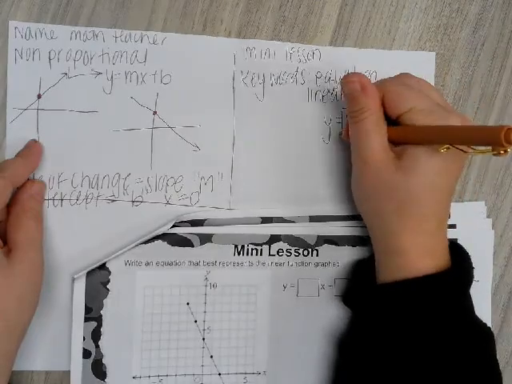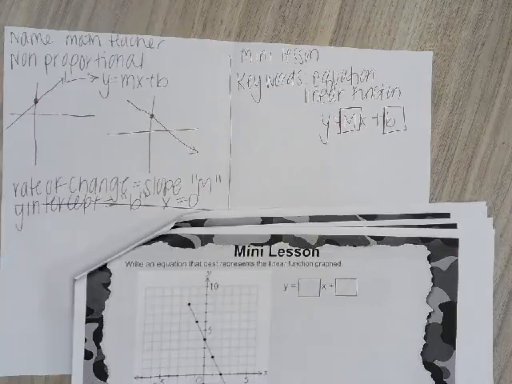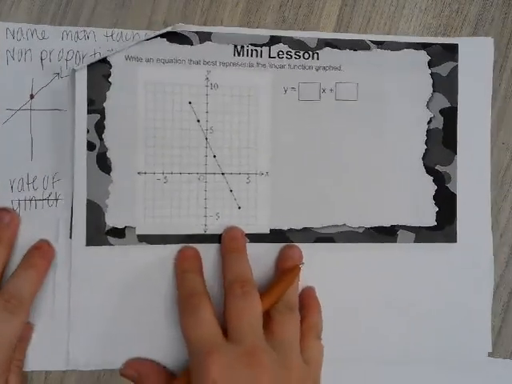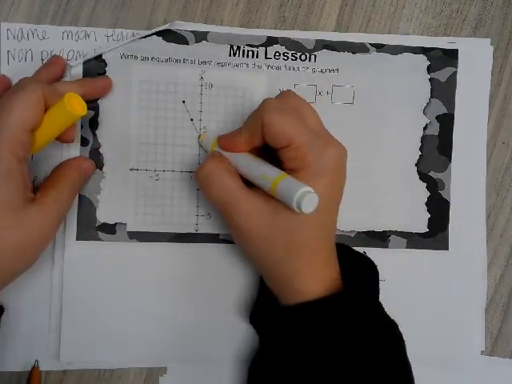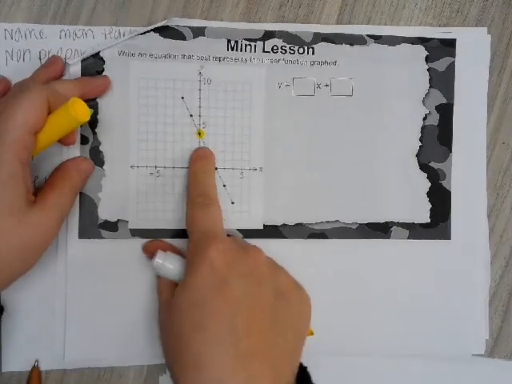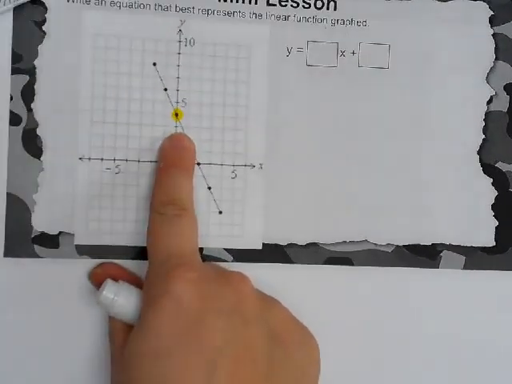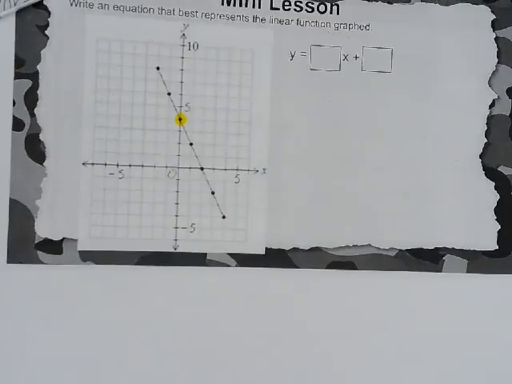Okay, if you notice, we have to find our m and we have to find our b. So now I'm going to look at our graph. So I'm going to use my graph to figure out what my starting point is. Remember, my starting point is wherever it's passing on the y-axis.